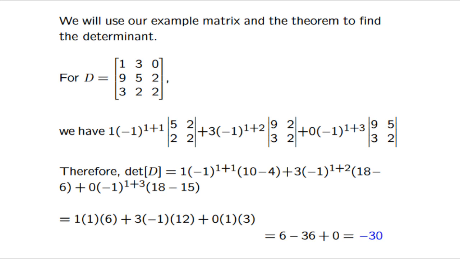Anything where the sum is an even number gives us back a +1. Anything with an exponent of the odd numbers giving us back that -1. And then we just run through those products and then we add or subtract as we have them. And in this case, we come out with -30 being the determinant for matrix D.